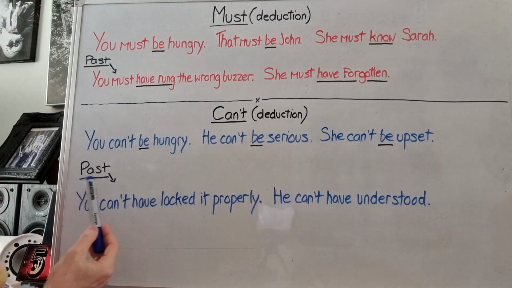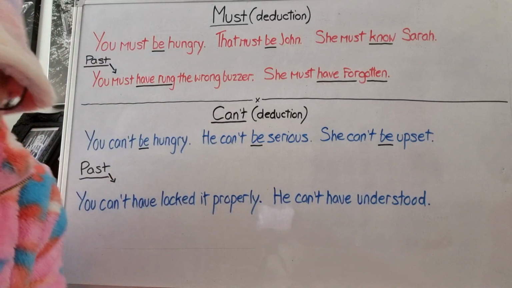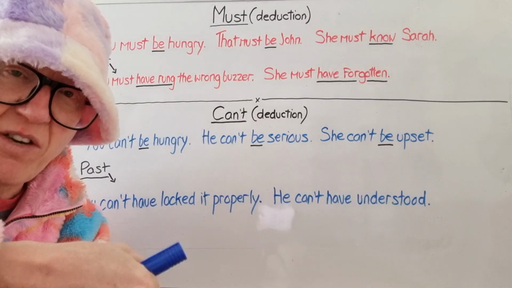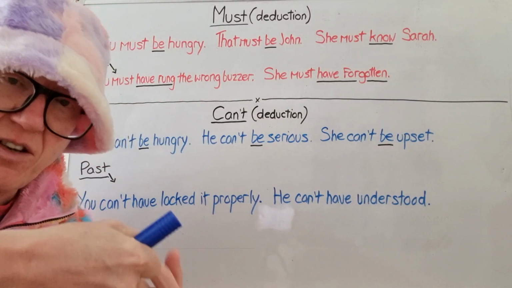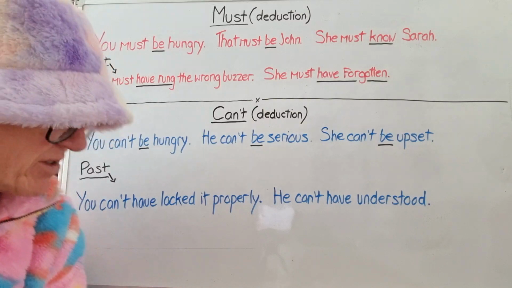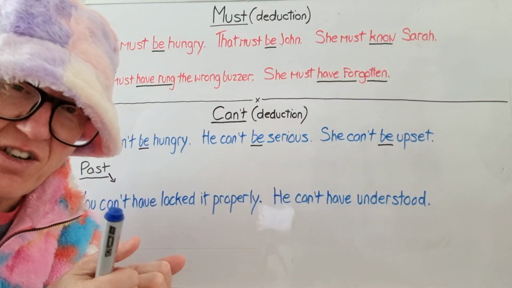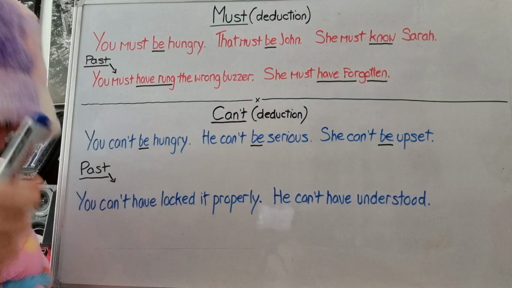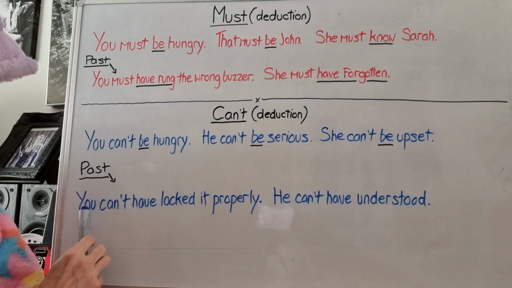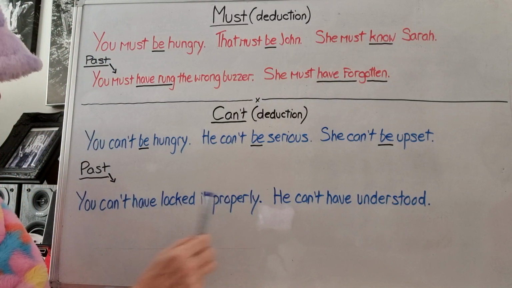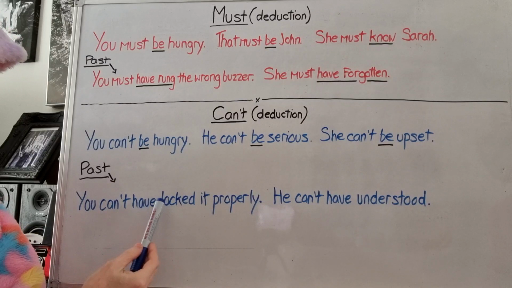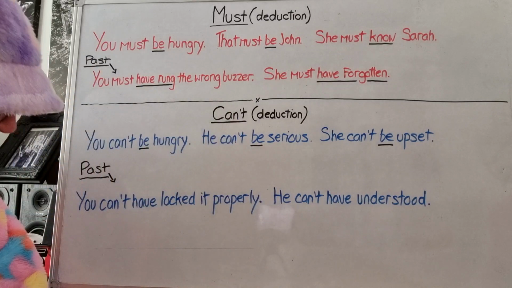And the past, oh no, you're walking with your briefcase and it opens and all your papers fall out. I use a briefcase because they often lock. And it opens up and everything falls out. Oh no, you can't have locked it properly. It's not possible that you locked it properly in the past.